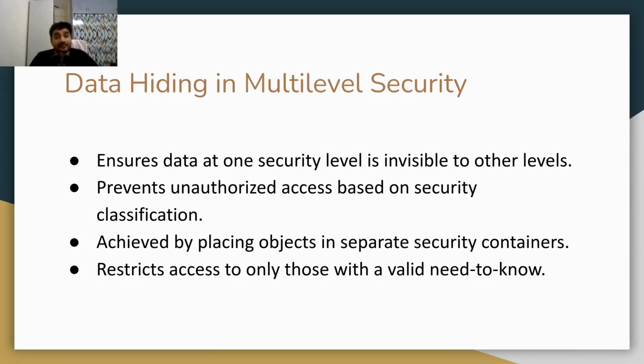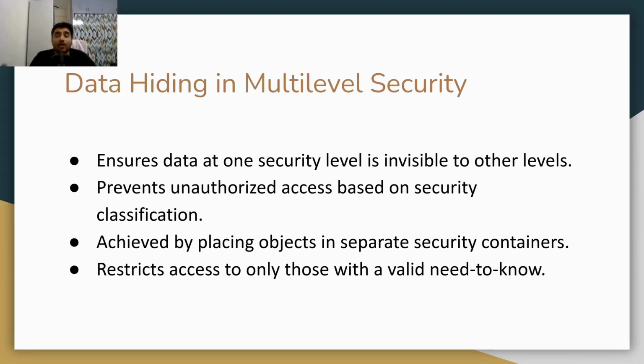And data hiding we mostly see in multi-level security, which means ensuring that one security level is invisible to other levels, because data will have different classifications and subjects will have different classifications. So data of one security clearance level should not be visible to the other levels, preventing unauthorized access based on security classifications.